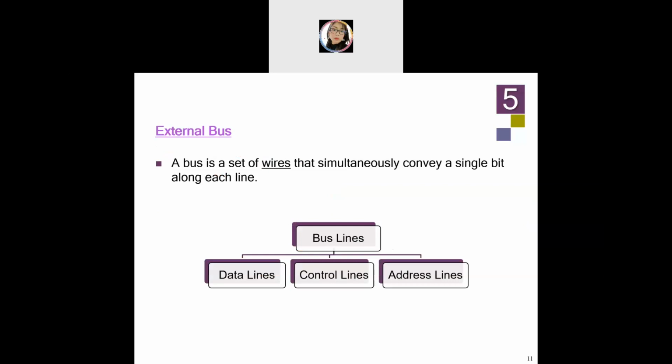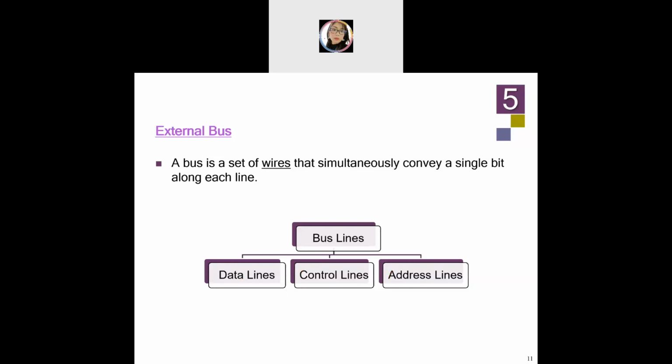We already discussed in our previous class that there are three things, and I related that it will be similar to your system bus. If you have a system bus, it will also be separated into three: data bus, control bus, address bus.